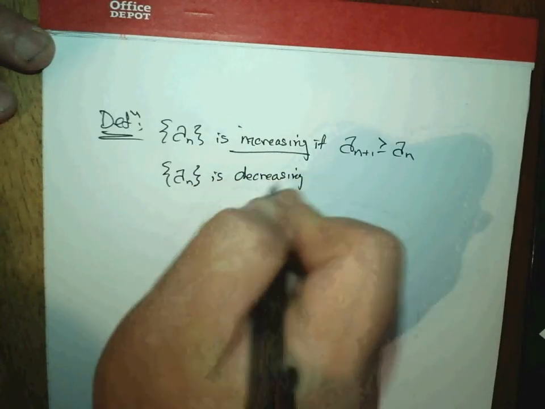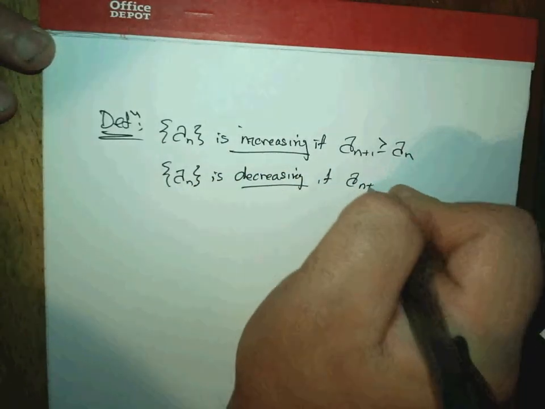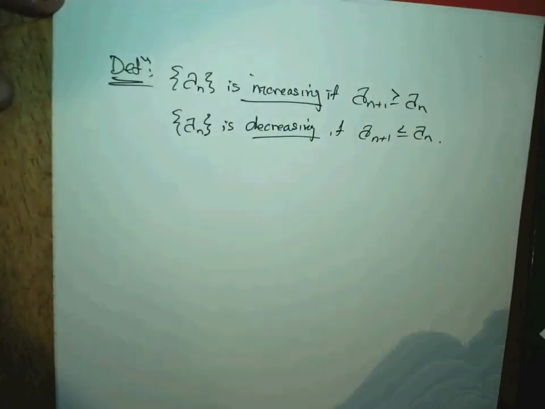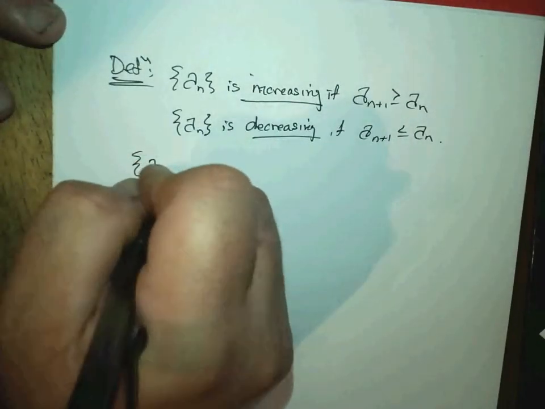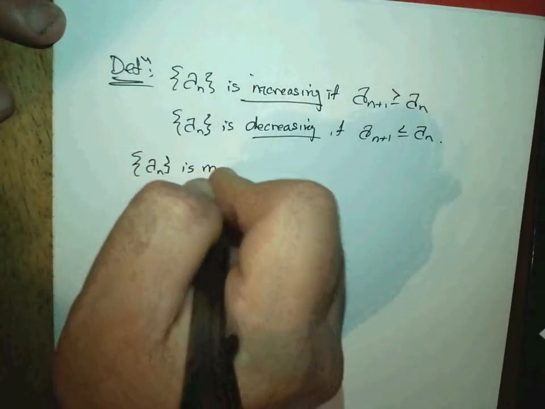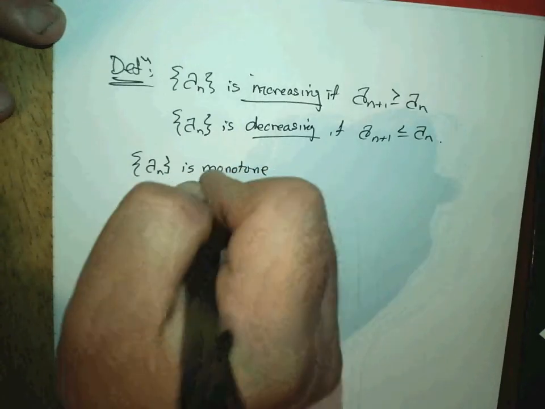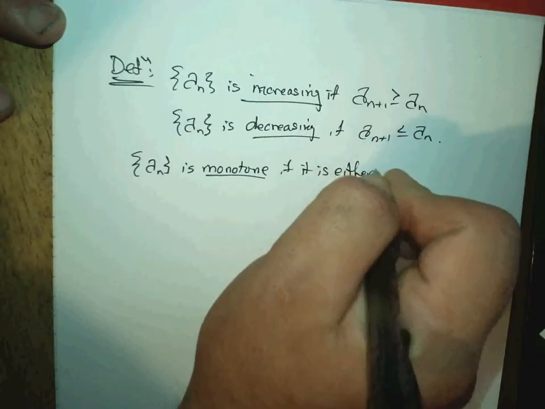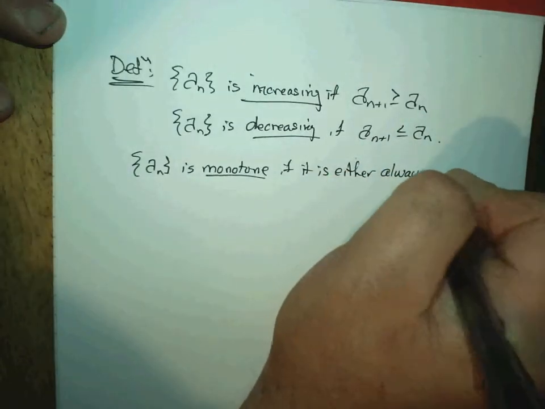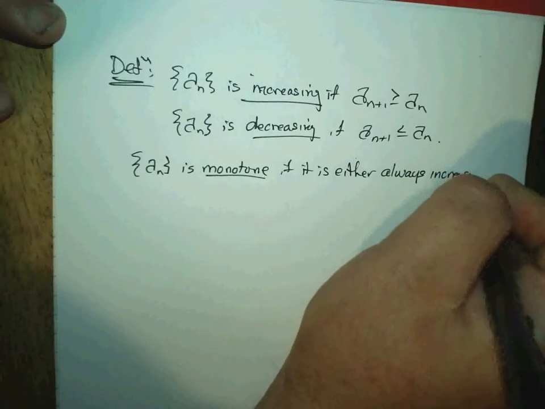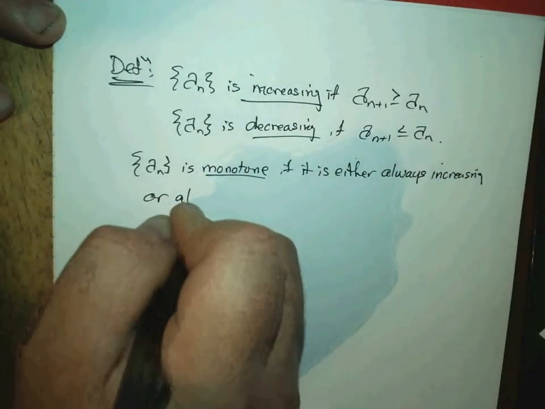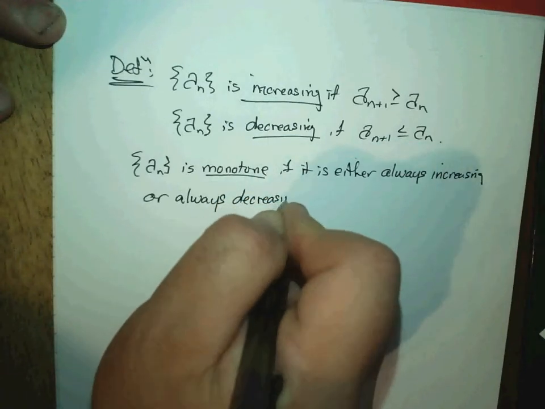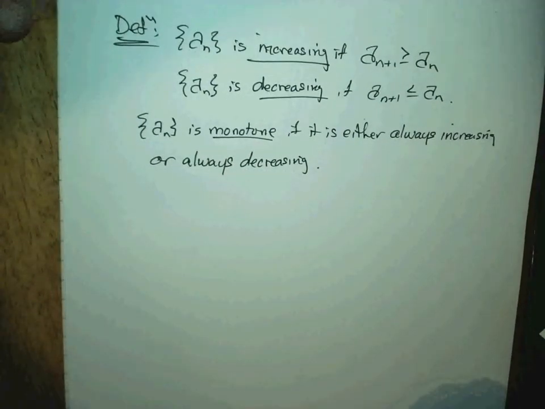We say it's decreasing if the n plus 1 term is less than or equal to the n term. Okay. And note that a sub n is called monotone if it is either always increasing or always decreasing.